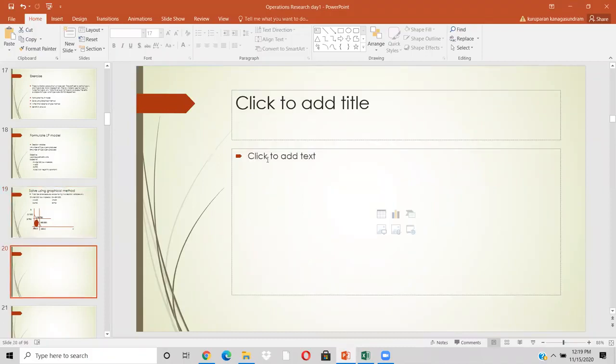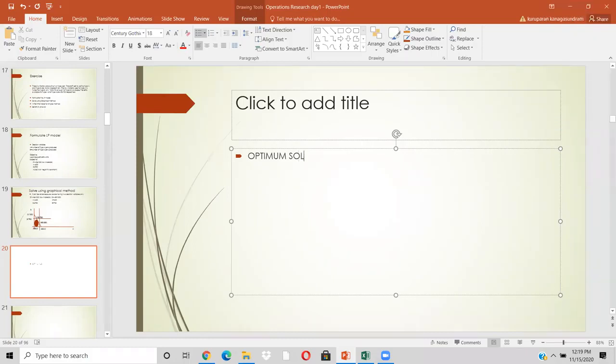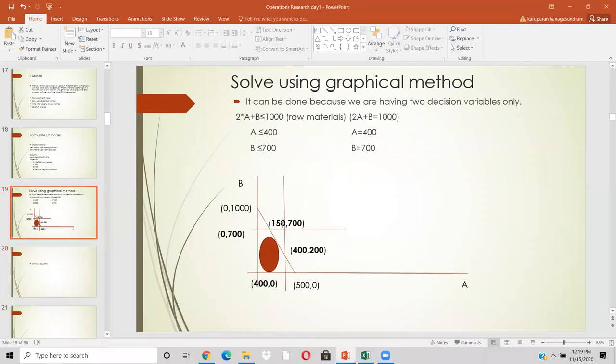Then how to find the optimum solution? Here, I said there are 1, 2, 3, 4 corner points. Along with these, there will be an additional 0, 0 also. Okay, check for code.